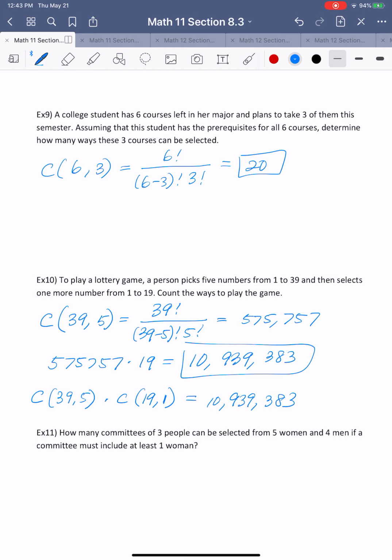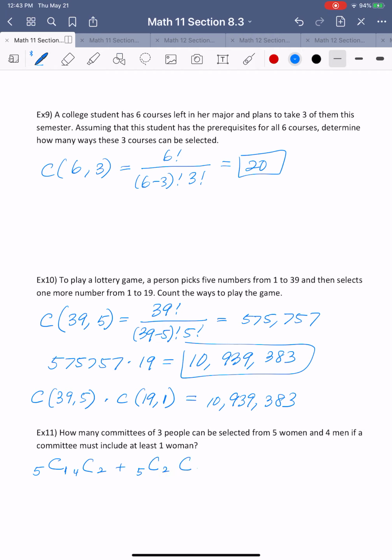How many committees of 3 people can be selected from 5 women and 4 men if a committee must include at least 1 woman? At least 1 means there should be 1 woman at least, right? And then 2 people from the men, which is 4. And also, what if he chooses 2 women from the 5?